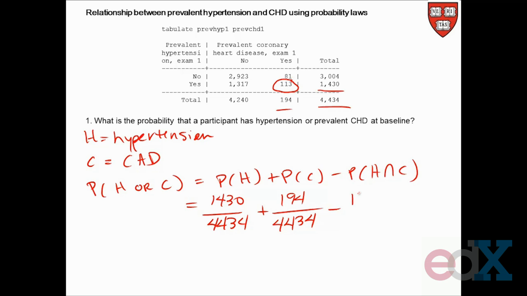And it's going to be 113, again divided by the total population size, 4,434. Doing that calculation on a calculator, we find that the answer to this problem is 0.34. So the probability of having hypertension or CHD at baseline is equal to 0.34.